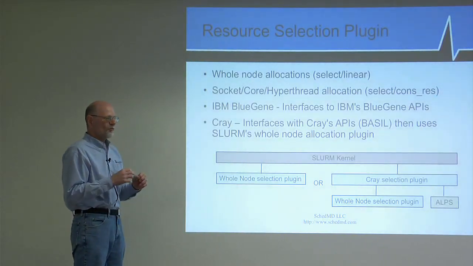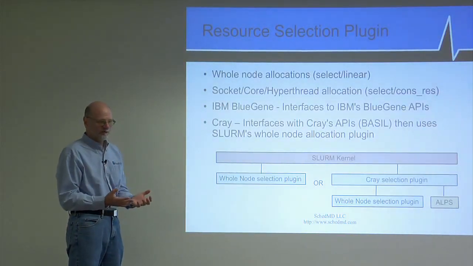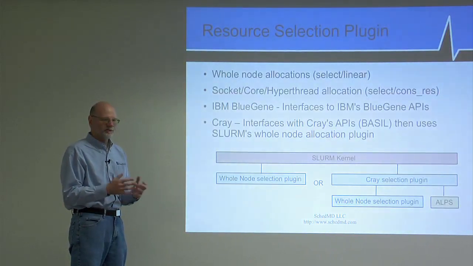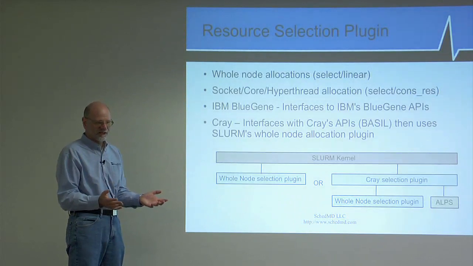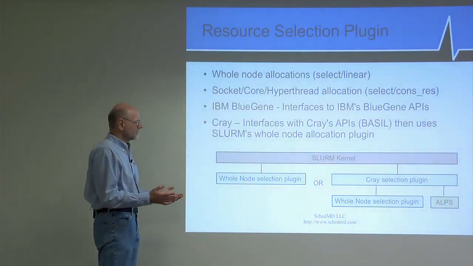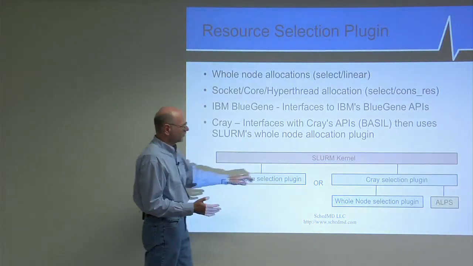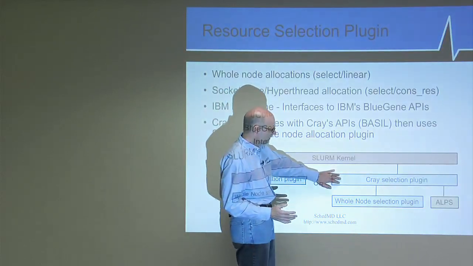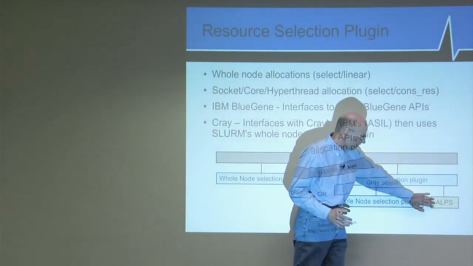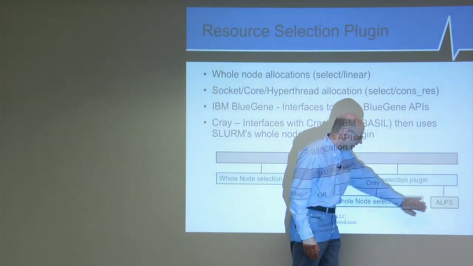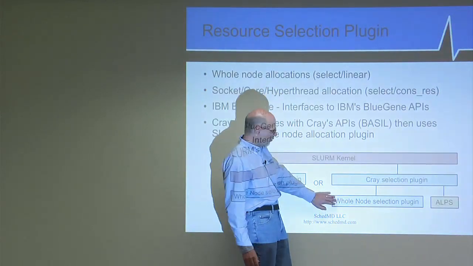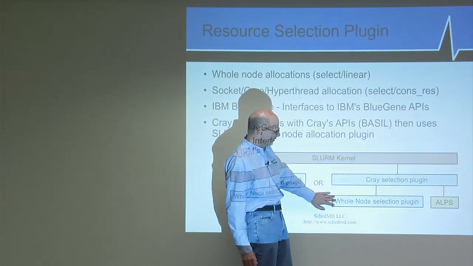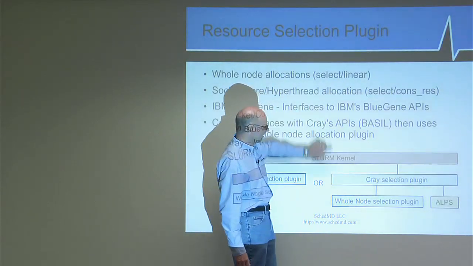So we needed some means of interacting with that, but it also didn't have the sort of support for resource selection that we wanted. So what we did is we developed a new Slurm plugin which interacts with the Cray software, which is called ALPS. But for the resource selection, we use an existing whole node selection plugin. So this is the select linear.